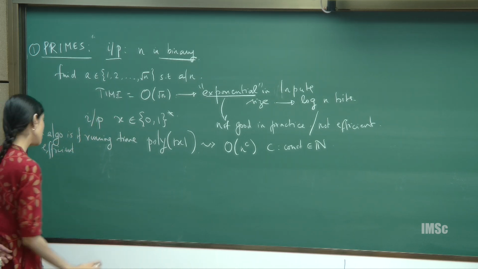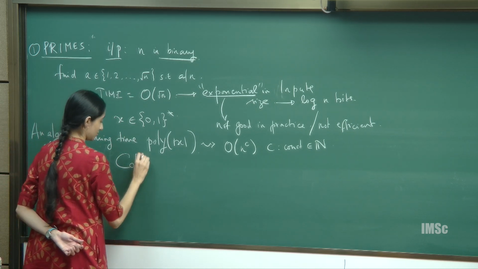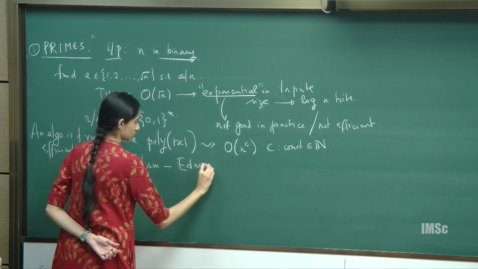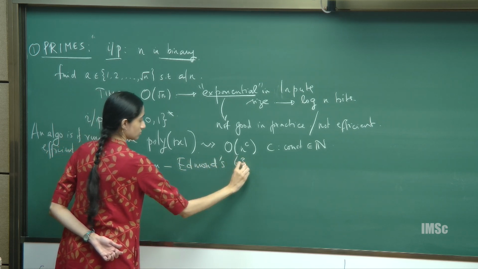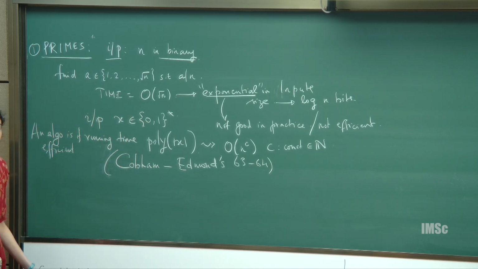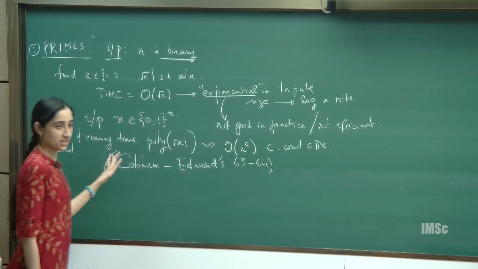This was first put across by Cobham, that polynomial time is the right notion of efficiency.